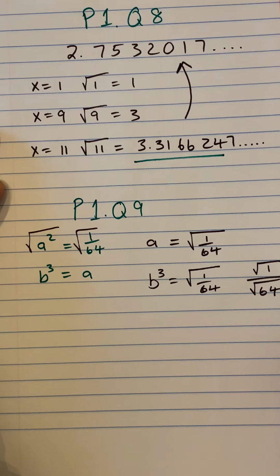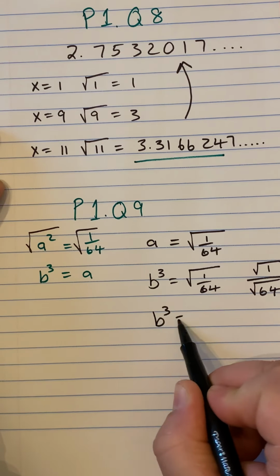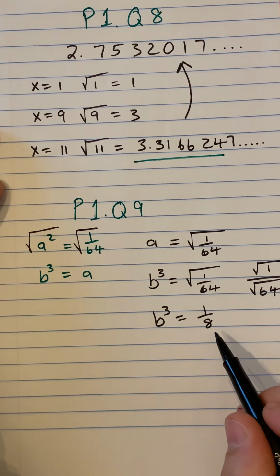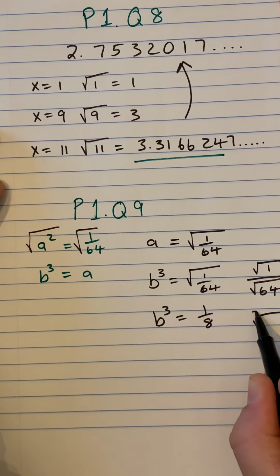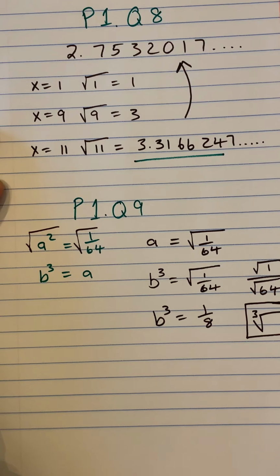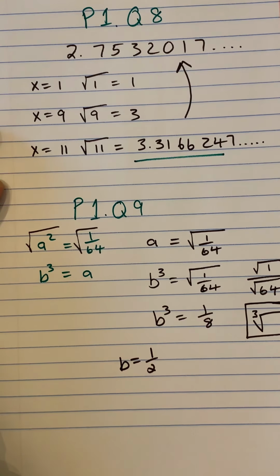So that equals 1 and that equals 8. So b cubed equals 1 over 8. So if you took 1 over 8 and you used the cube root button on your calculator, then you should end up with b equaling 1/2.